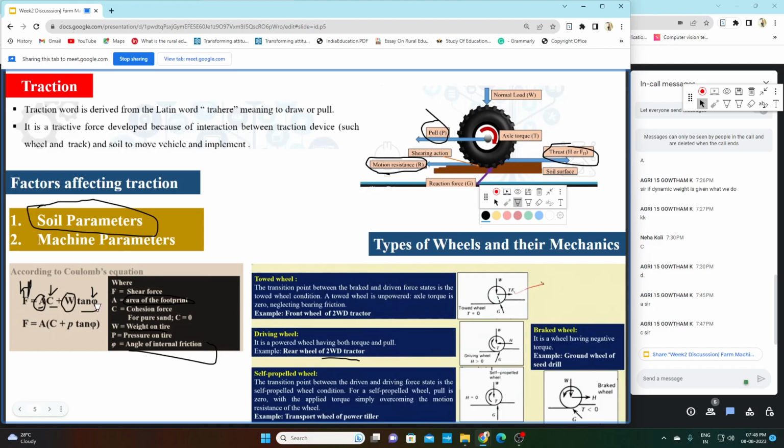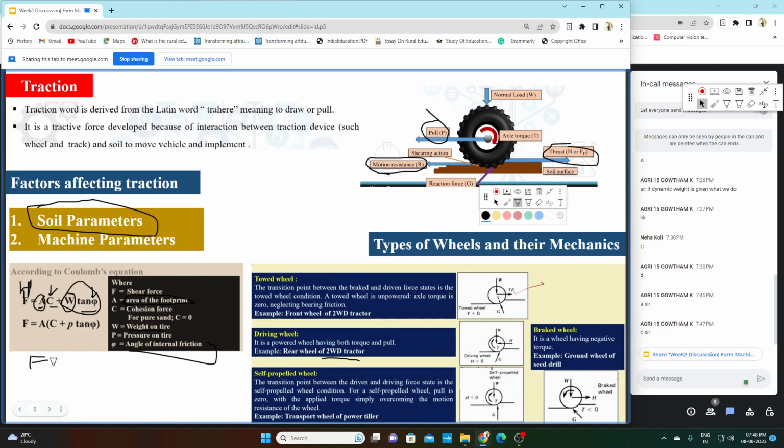Now in the question we have been asked about clay soil. The property of clay soil is that phi tends to 0, so tan phi equals 0 and this portion will be equal to 0. So what is left for clay soil?